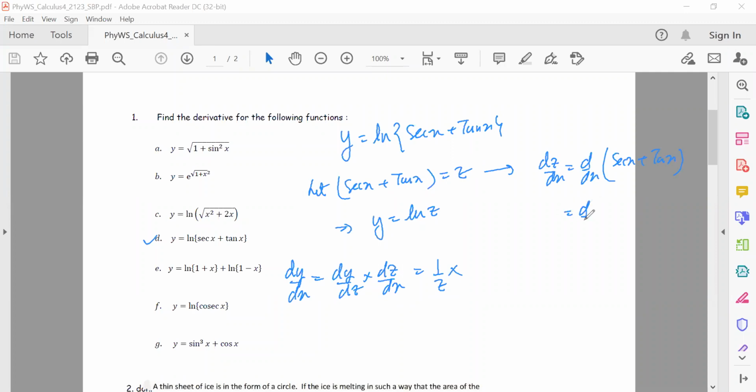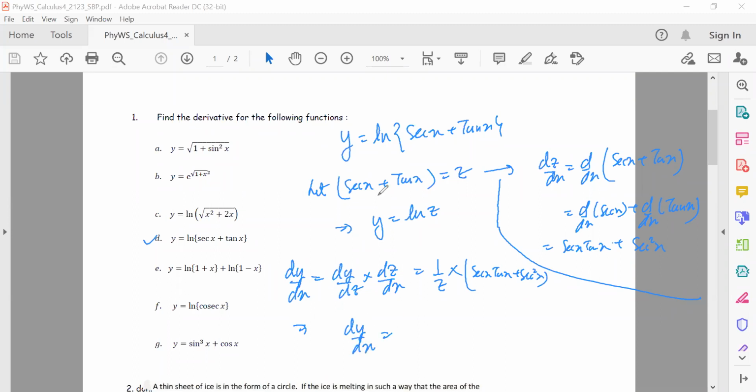So that is differentiation of sec x plus differentiation of tan x. Differentiation of sec x is sec x tan x by formula, and differentiation of tan x is sec square x. So this becomes sec x tan x plus sec square x. Now resubstitution. So substitute z as what we had here.